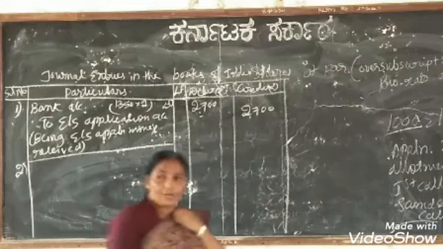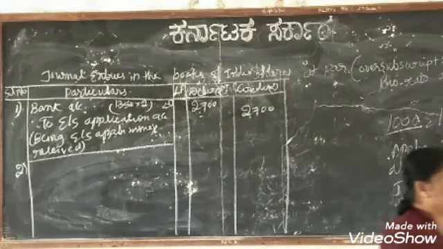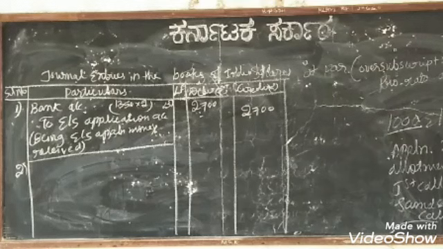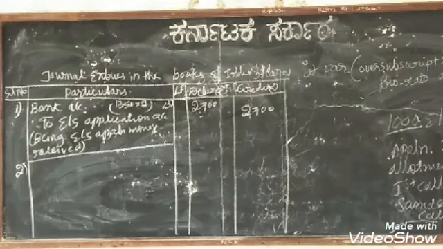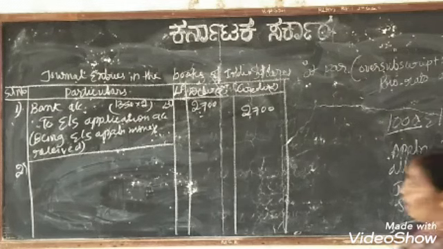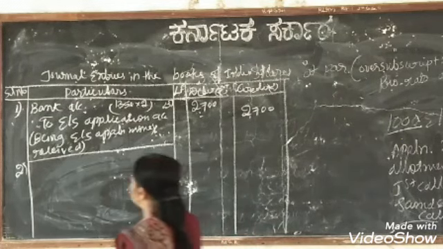Then the second entry: we return application money for 100 shares, that you know. First let us capitalize the application money.